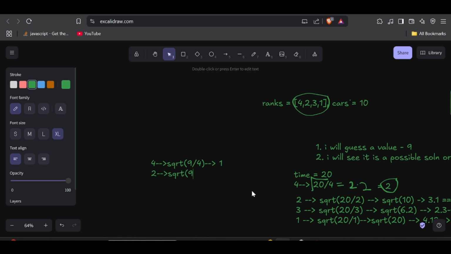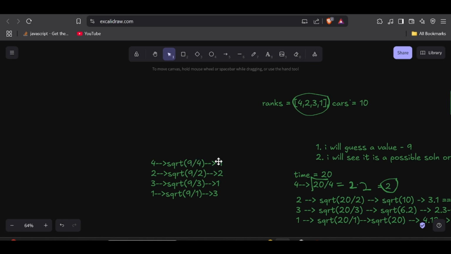The square root of 9 divided by 2: 9 divided by 2 is around 4, and that will give me 2. Next one is 3. The square root of 9 divided by 3, which is 3, will give me around 1. So the square root of 9 divided by 1 will give me 3.